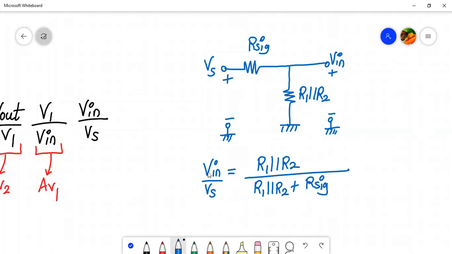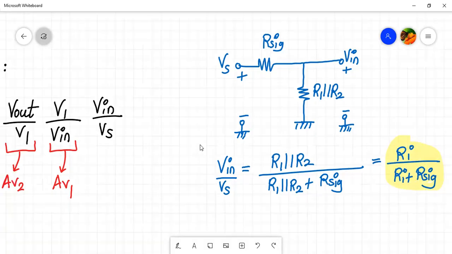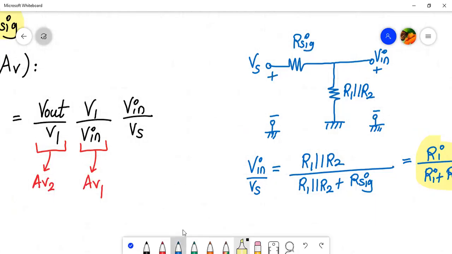So this is the value of V in upon Vs. Or you can also write it as Ri divided by Ri plus R sig. So that's the value of V in upon Vs. Let me mark it with yellow color. Okay, fine. So we calculated the quantity V in upon Vs over here.